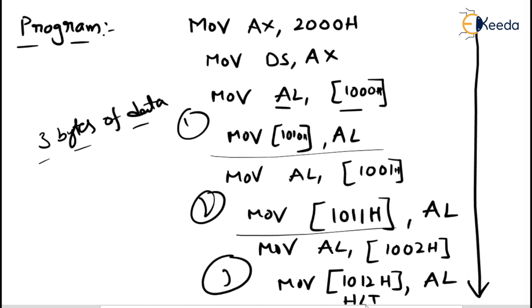If 3 bytes of data are required, I am repeating 3 times. Suppose there are 100 bytes of data to transfer from one location to another. How many lines will there be? 200 plus these 3, 203 lines will come. So it is very big and a time consuming process.